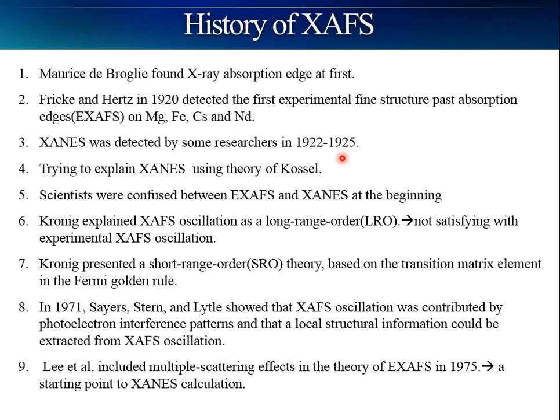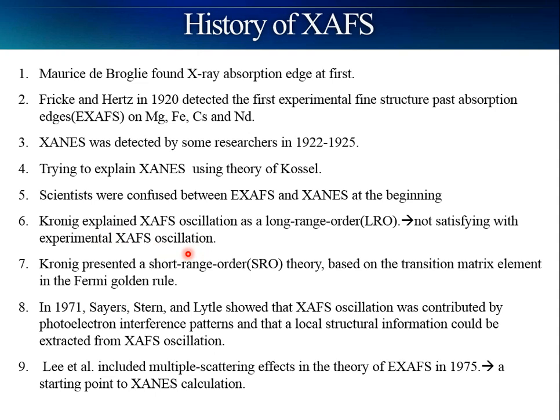At that time, people tried to explain the GANES using the theory of Kossel, but it failed. At the beginning of XAFS, the scientists were confused between EXAFS and GANES. Kronig explained the EXAFS as a long-range order theory, which is useful for XRD. However, it did not satisfy the experimental EXAFS.